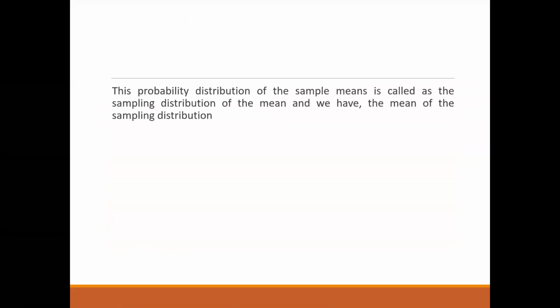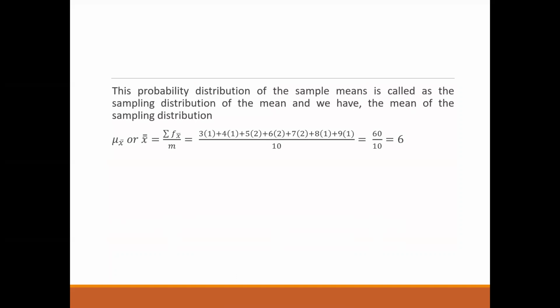I can write the function in this form where mu x bar is equal to summation f, which is your frequency, into x bar, that is your mean, divided by small m, the total number of samples, which will again give me the same value.